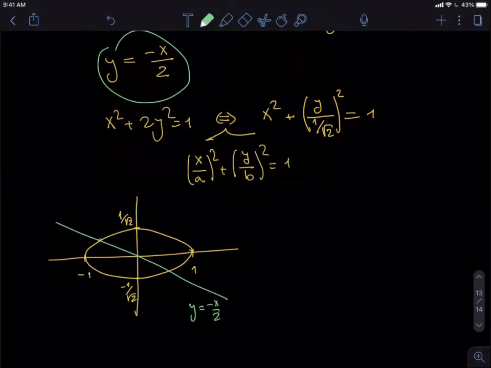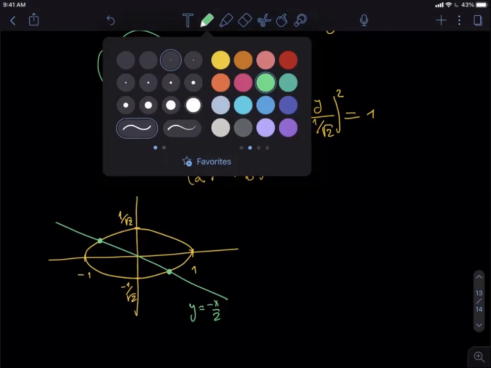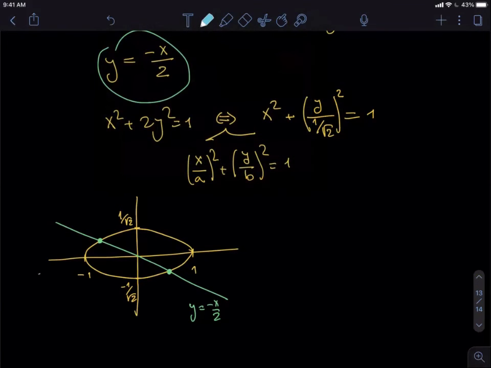I'm interested only in the points that are on the ellipse. Because for those points, the tangent is going to have a slope equal to 1, even if this picture is not very good. Even with the poor quality of the picture, we see that it's plausible.